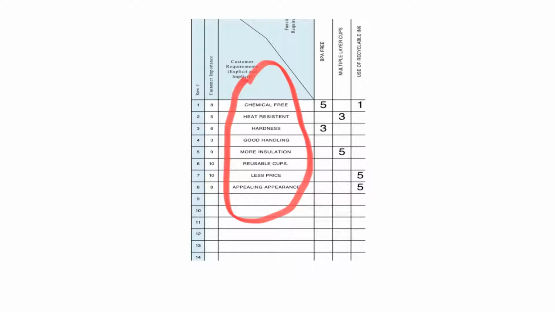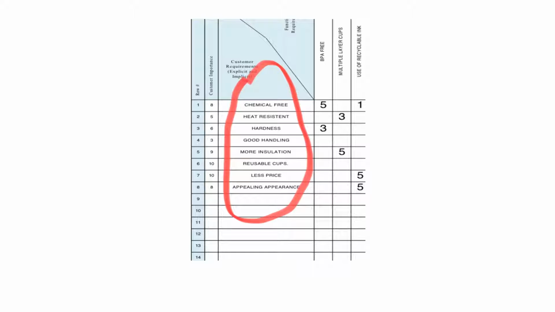There is a list of customer requirements based on their priority level, numbered from 1 to 10. First is chemical free, then heat resistance, hardness, good handling, more insulation, reusable cups, lesser price, and appealing appearance. Those are the most basic requirements of customers to purchase their coffee.